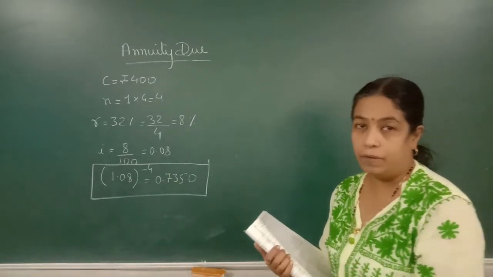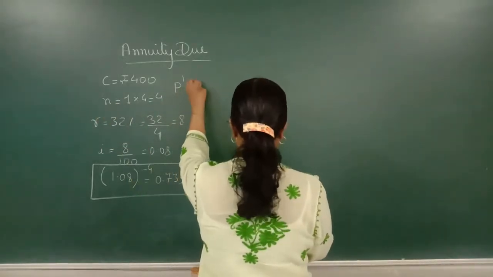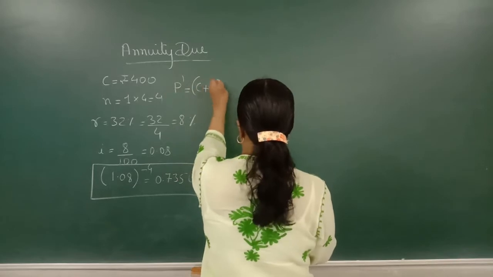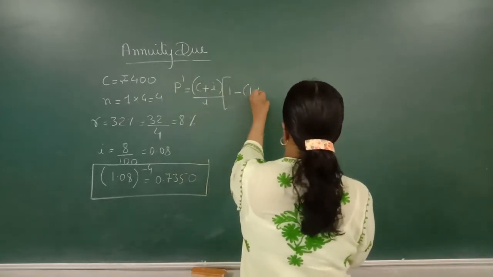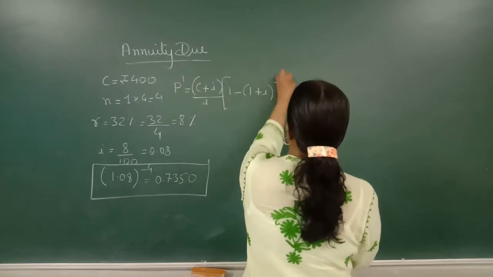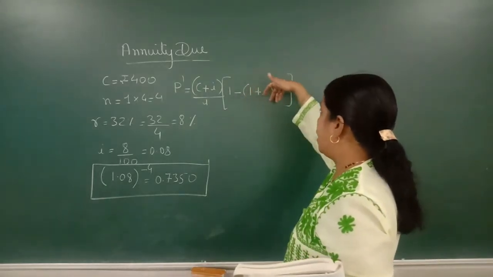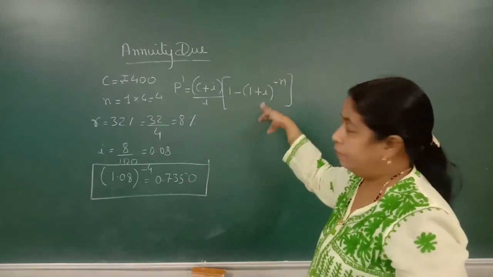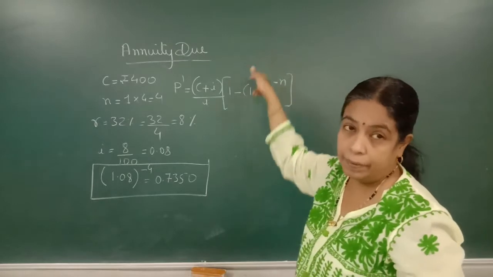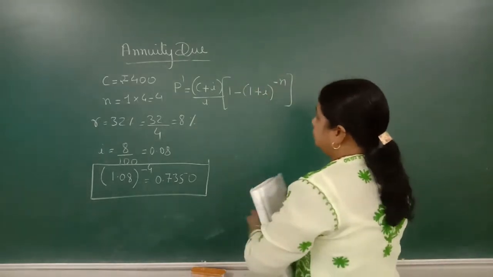Now the formula will be for present value. P dash will be equal to C plus I upon I into bracket 1 minus 1 plus I. See here, in the formula we have written 1 plus I to the power n. But it is in the denominator; when it comes to the numerator, it will be minus. Now just put the values over here.